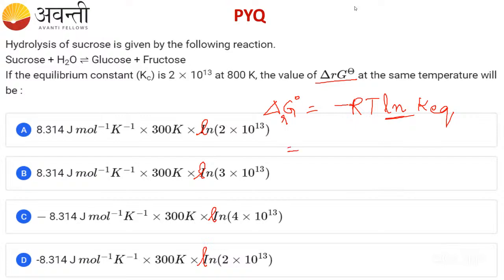Substitute all the values: R value is 8.314 and the T value is 300 Kelvin, and ln of K_eq, where K_eq is given as 2 into 10 to the power 13. The answer is given in option D. Option D is the correct answer. So shall I go ahead?